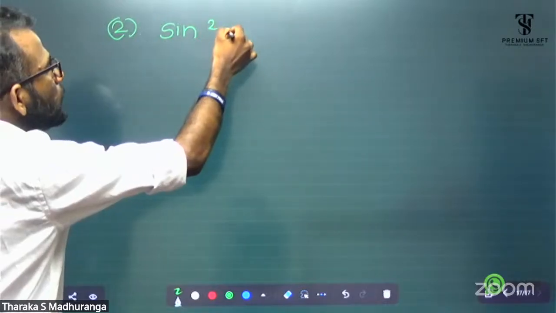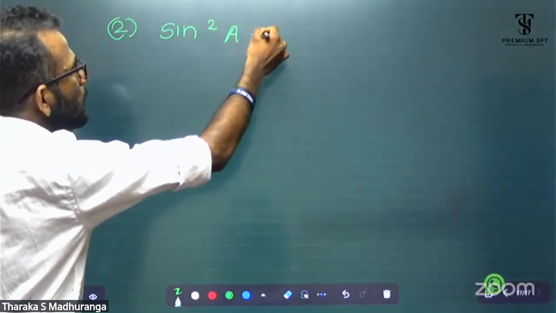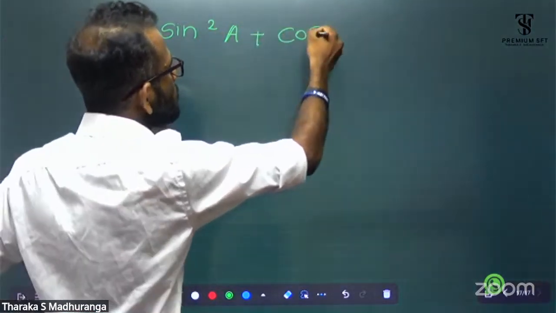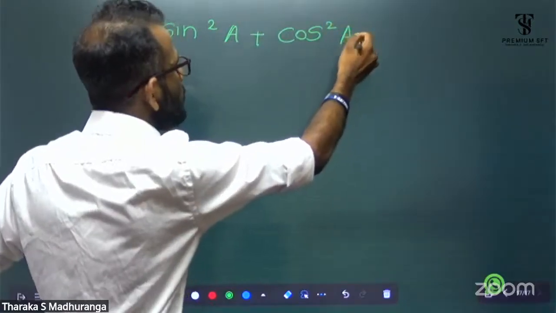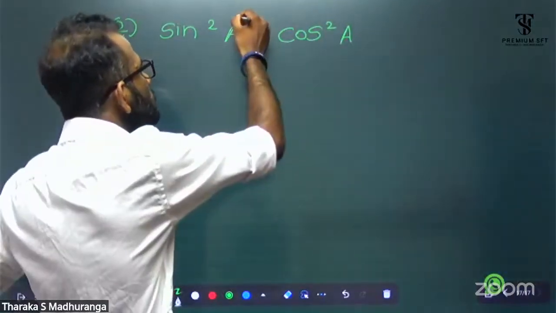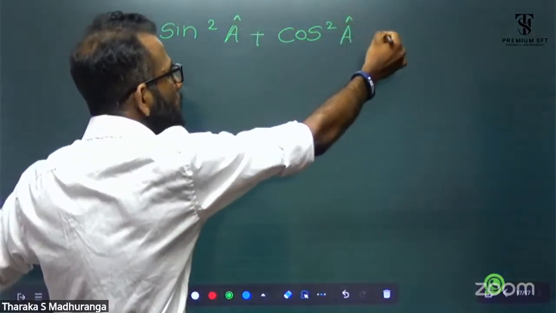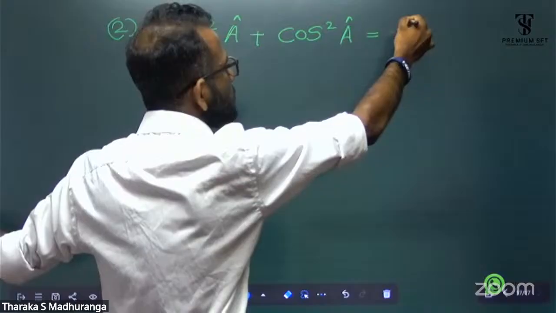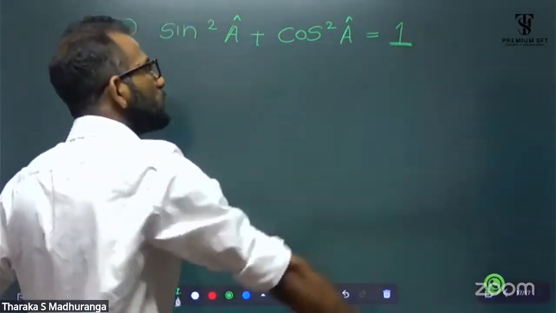Sin squared A plus cos squared A equals 1.